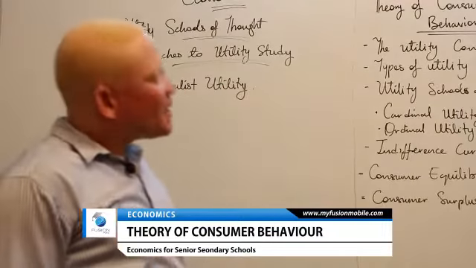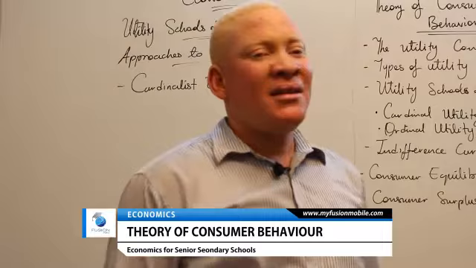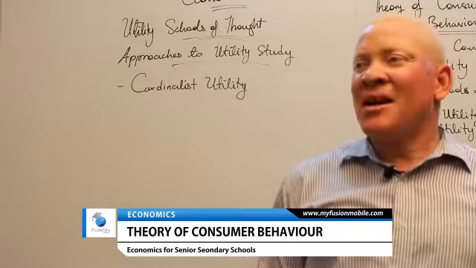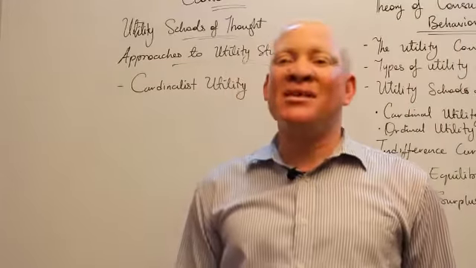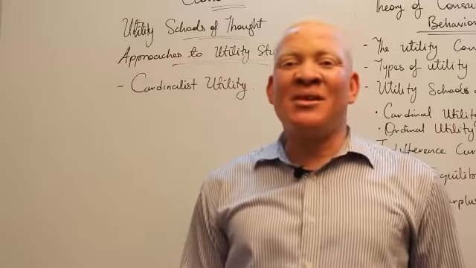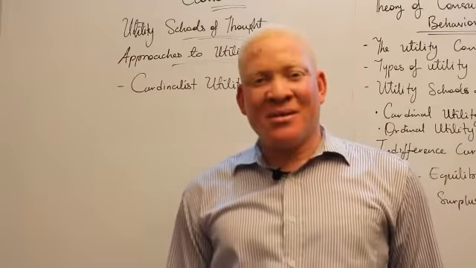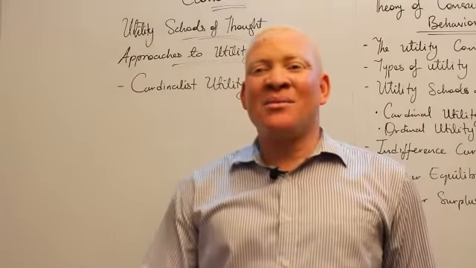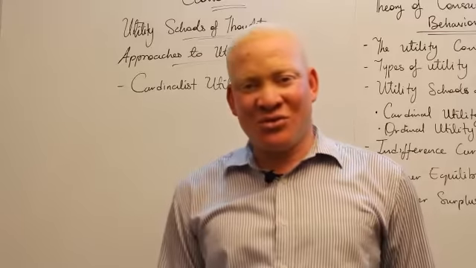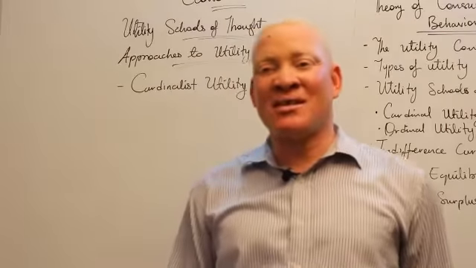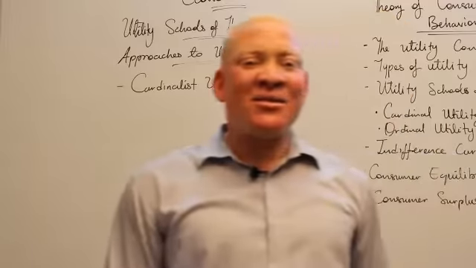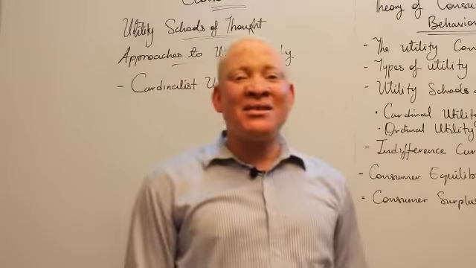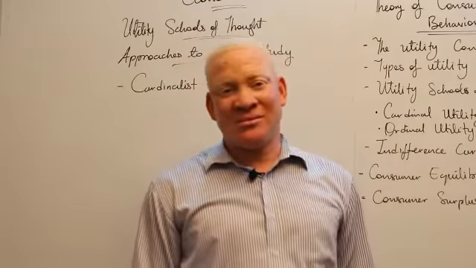Now, the Cardinal utility is a school of thought that has said that utility can be measured by attaching some numerical values to different levels of satisfaction. So their basic idea or their basic argument is that utility is measurable.